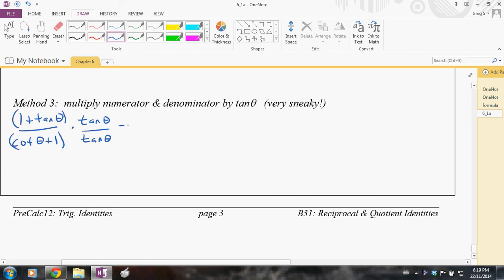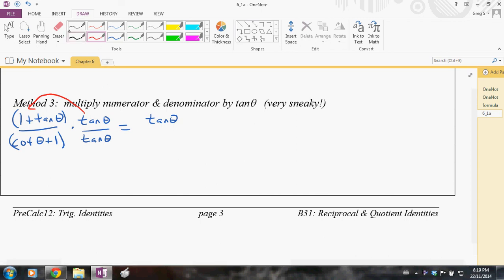Well, let's just see what happens when we multiply. So we're going to get this tan times 1, so that would be the tan of theta. And then I would have this tan times tan, which is tan. Actually, you know what? I think I'm going to leave that numerator, so I'm going to write it out.